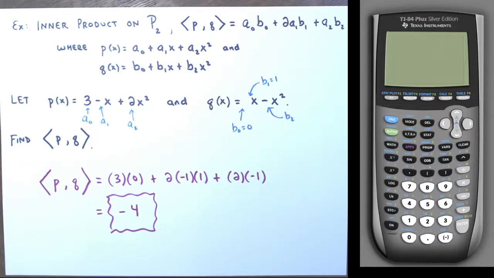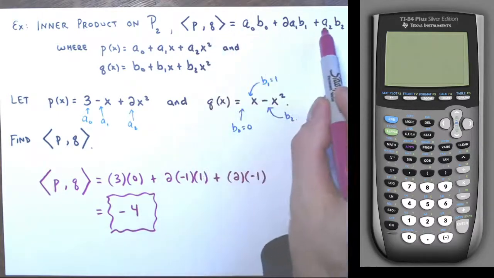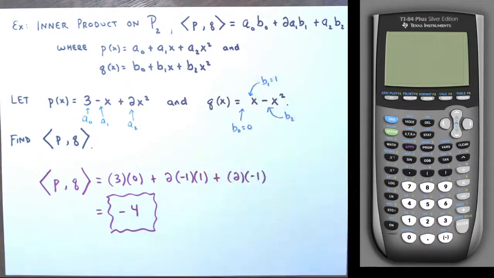And if you don't believe that they're inner products, please just go and check for yourself. Verify that these rules that were given, like this rule here at the top, satisfy the symmetry property, additivity, homogeneity, and positive definiteness. The four inner product space inner product axioms.